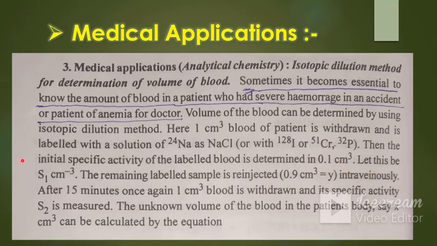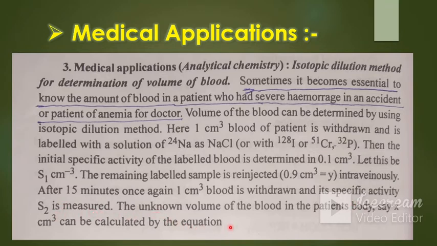Let this be S1 cm⁻³. The remaining labeled sample, 0.9 cm³, equal to Y, is re-injected intravenously. After 15 minutes, once again 1 cm³ of blood is withdrawn and its specific activity S2 is measured.